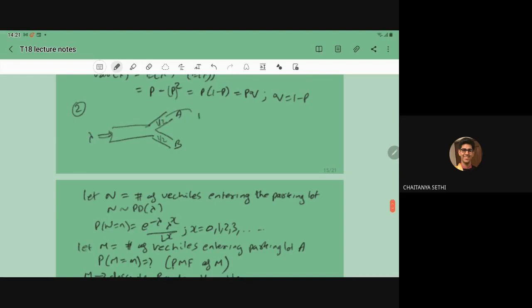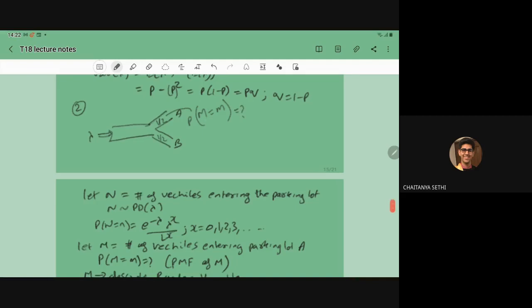There are m vehicles. M can be any random value. You have to determine its probability mass function. So this m can be any number.